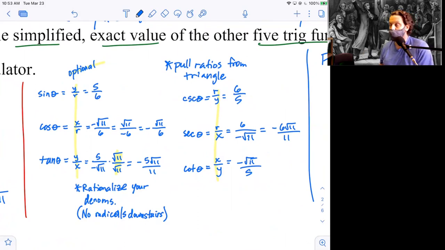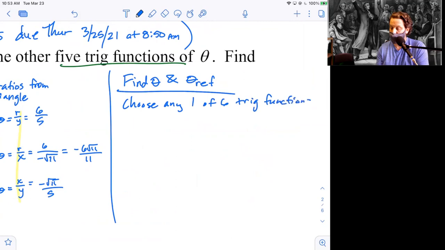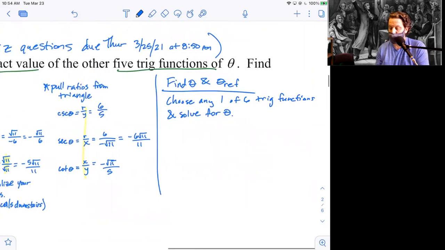In theory, you can choose any one of the 6 trig functions and solve for theta. Now, what I would do is choose either the sine, the cosine, or the tangent.